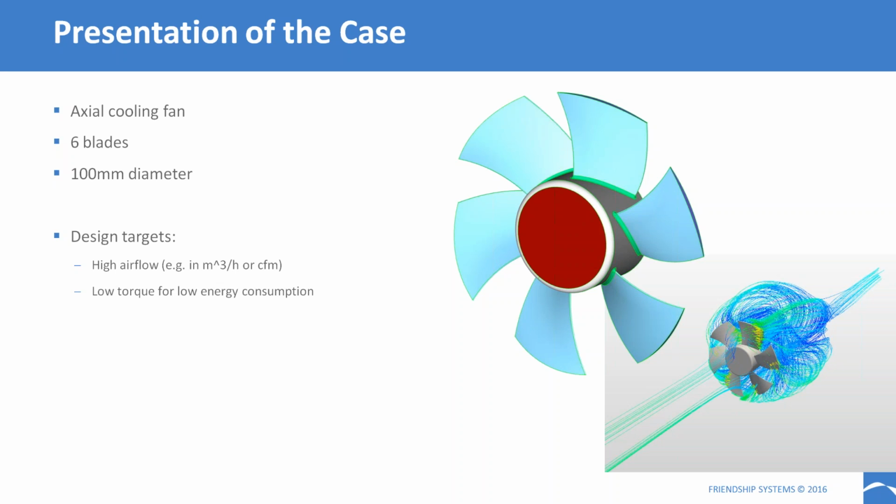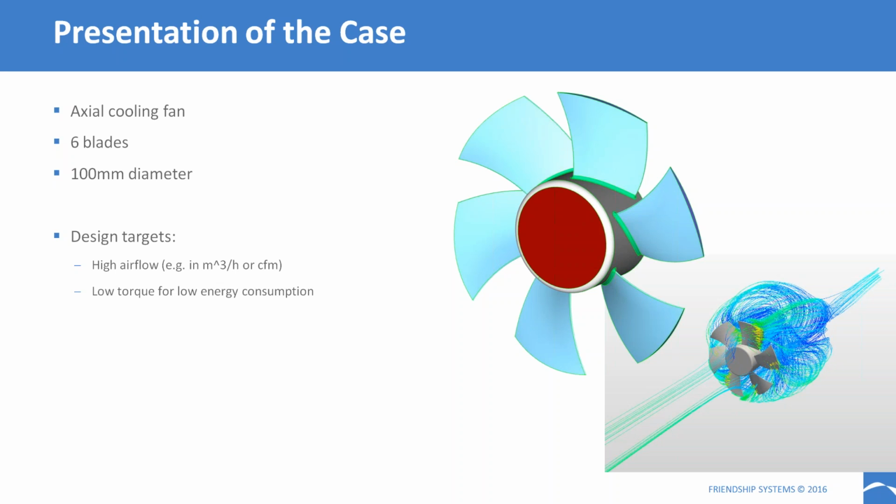And obviously we want to look at certain design targets for this fan that we will run the simulations for. And typically for a fan like that, you would like to get as high an airflow as possible, which is measured, for example, in cubic meters per hour or cubic feet per minute. And obviously, if you have more airflow passing by your cooling device, you will get a better cooling.